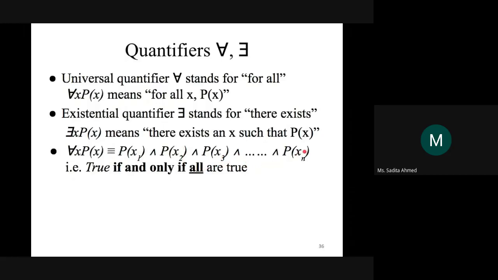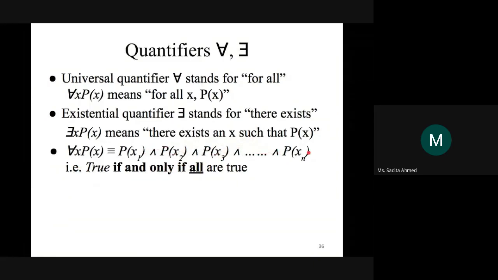If the propositional function is true at all of these values of x from the domain, x1, x2, x3, x4, x5, so on until xn, that is all of the x's, only then the universal quantification is going to be true. So this is equivalent to the general and. True if and only if all are true.